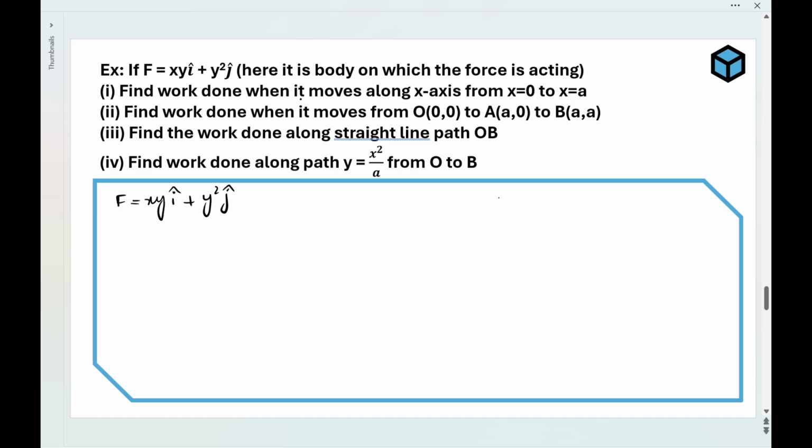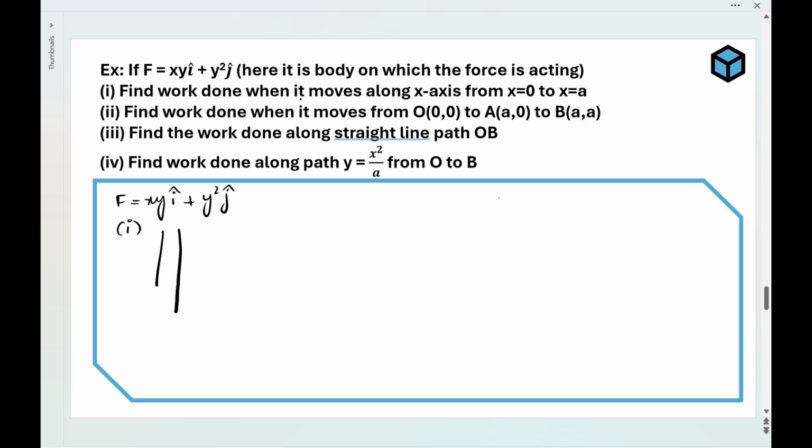So the component of force along the x direction depends on the x coordinate and the y coordinate. Okay, so now let's take the first case. Find the work done when the body moves along the x-axis from x equal to 0 to a.